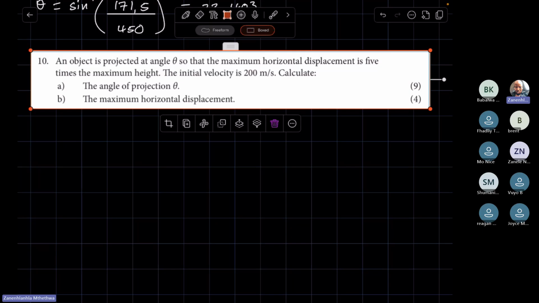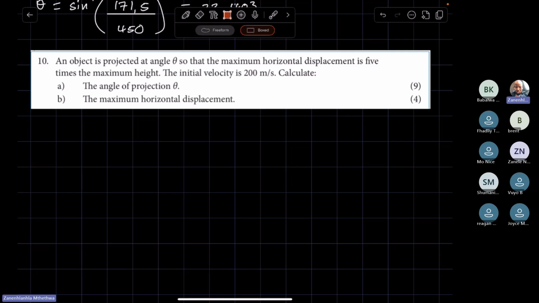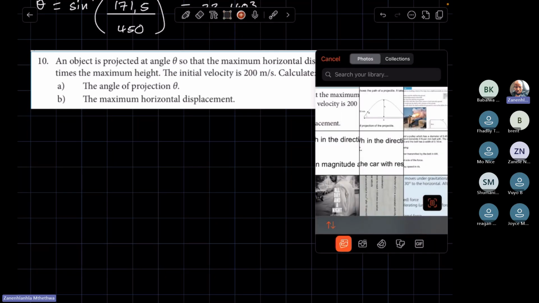An object is projected at an angle theta so that the maximum horizontal displacement is 5 times the maximum height. Okay.